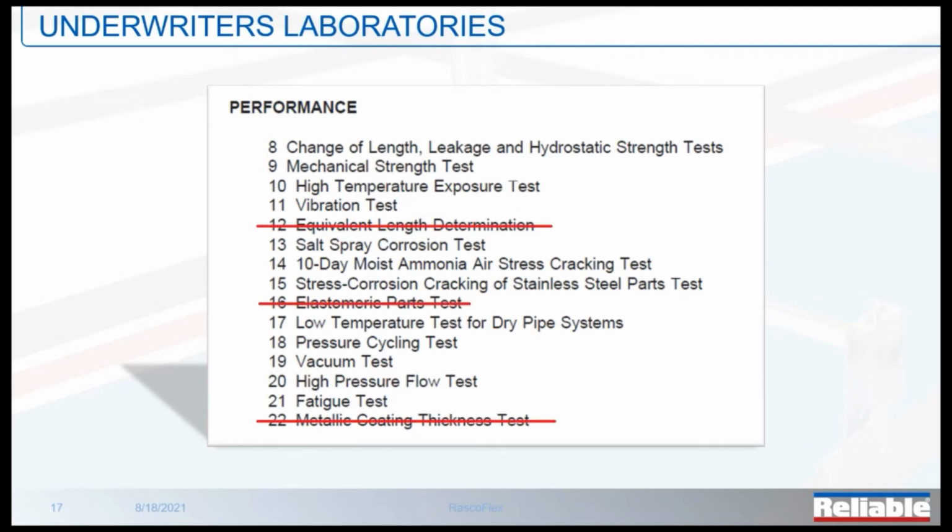The equivalent length determination is really just a kind of a listing deal. The elastomerics parts test for UL is more of a specification, as is the metallic coating thickness test. So those remaining 12 tests there are functional tests that the flex drops need to pass.